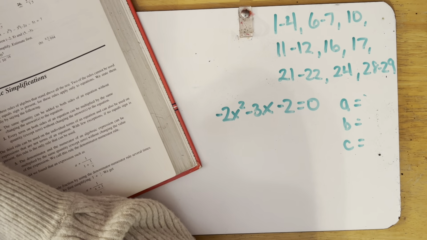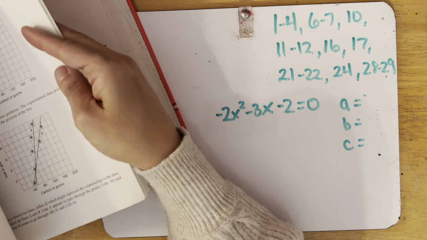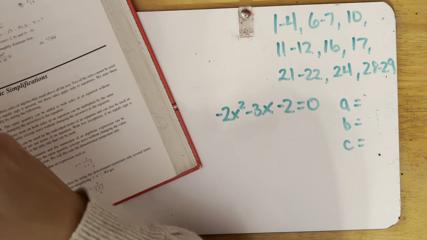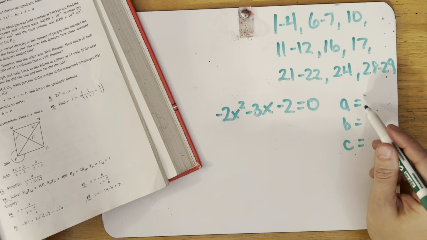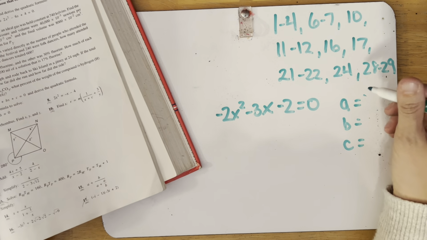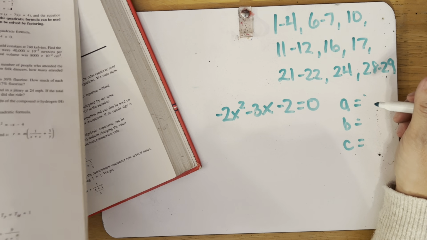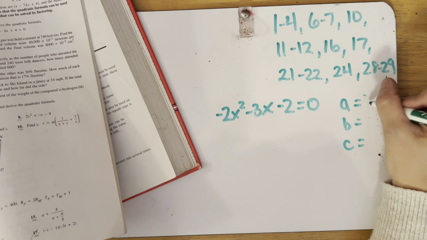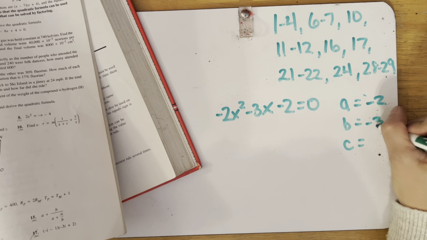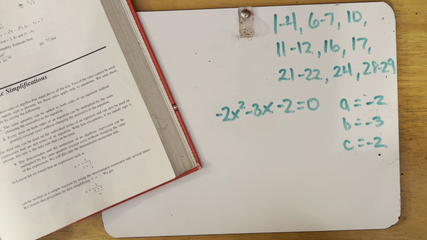Lesson 71. I think it's page 298. Use that formula, okay? So a equals negative 2. Just double checking a few things here. Yeah. A equals negative 2, b equals negative 3, c equals negative 2. Use that formula and solve.